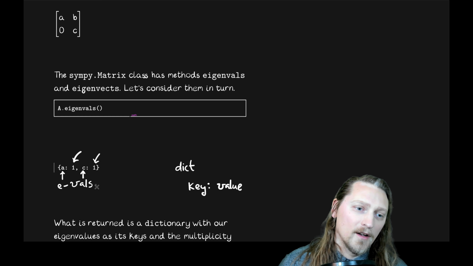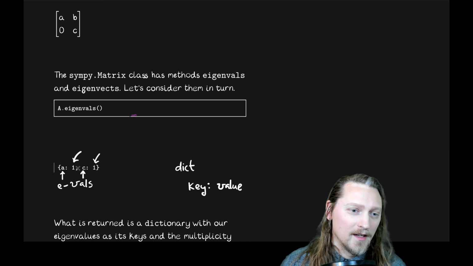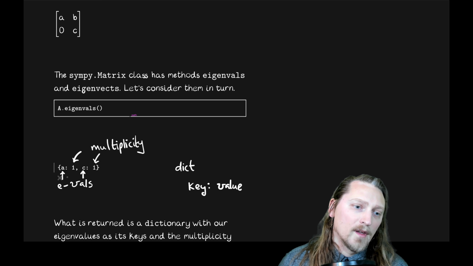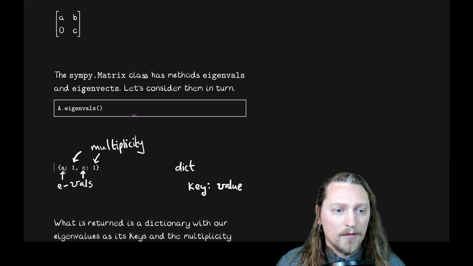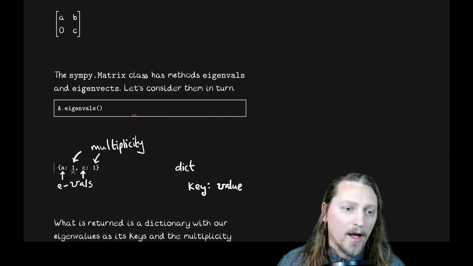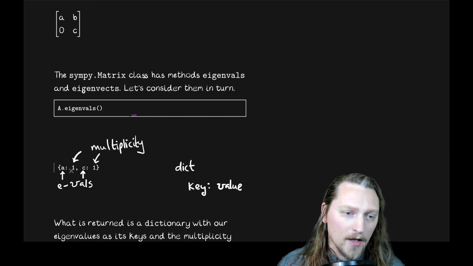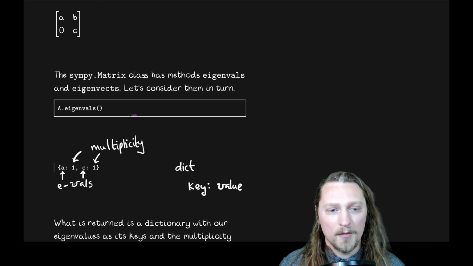So the keys are the eigenvalues. The value in the dictionary corresponding to each of these eigenvalue keys is the multiplicity of the corresponding eigenvalue. So if A shows up twice, the multiplicity would be 2. So there are 2 different eigenvalues that have the same value of A. It would be 2 here for multiplicity.